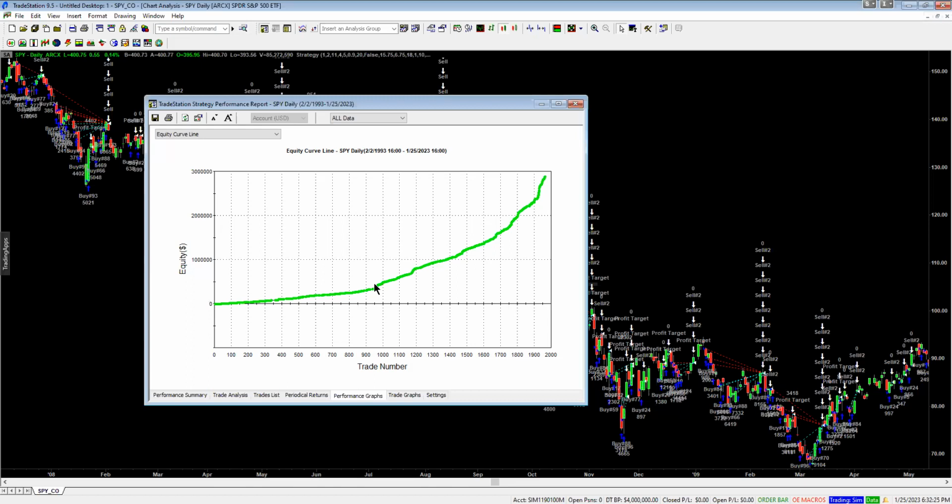Like reverting value, random value, consolidation, higher volatility types of conditions. So there was a lot of volatility opportunity to be exploited in that period of time.